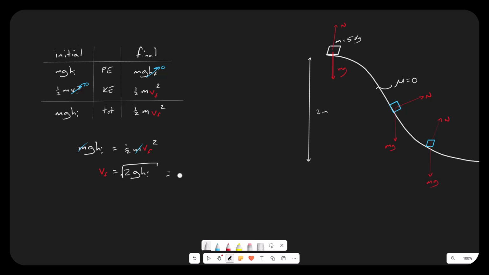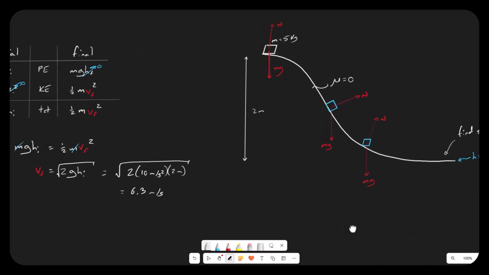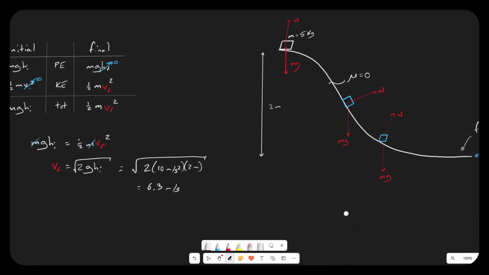And if you're really following along, plugging in 10 meters per second squared and 2 meters, I actually still get 6.3 meters per second. I've dropped by the same amount. I started 2 meters up, I end down at the ground. I've dropped by the same amount. It turns out that I will have the same speed at the bottom, regardless of how I get there.